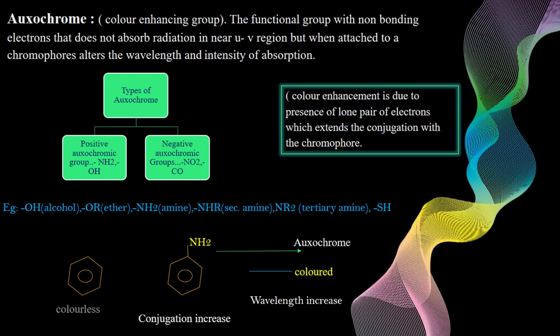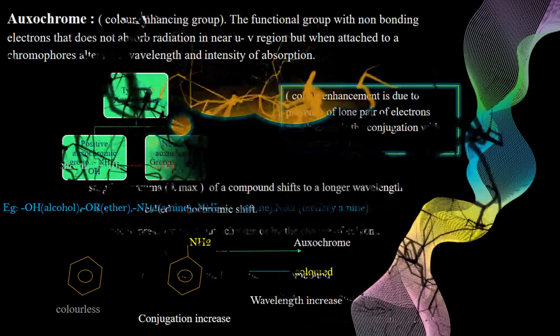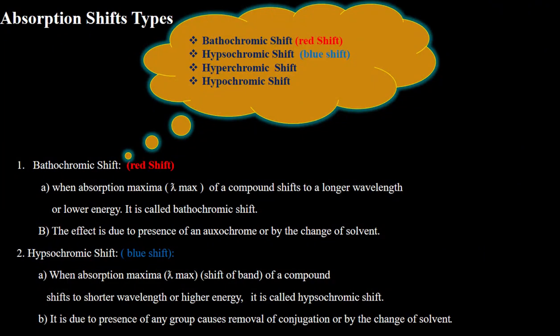It is due to the presence of the NH2 group, an auxochromic group, and in aniline there is a conjugation. As conjugation increases, wavelength increases and the substance is colored. It is due to the presence of the NH2 group which acts as an auxochrome.